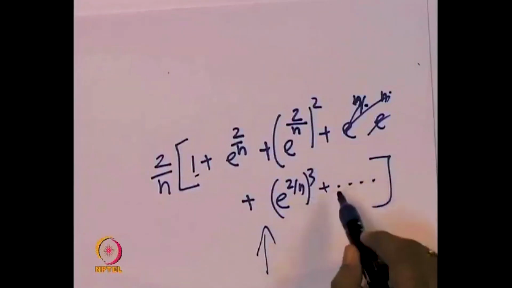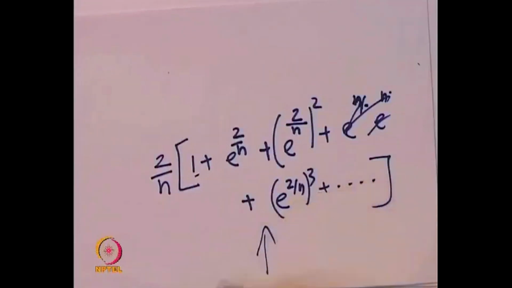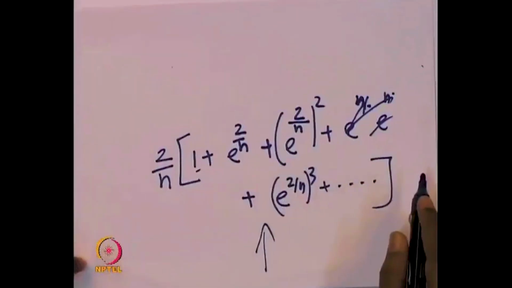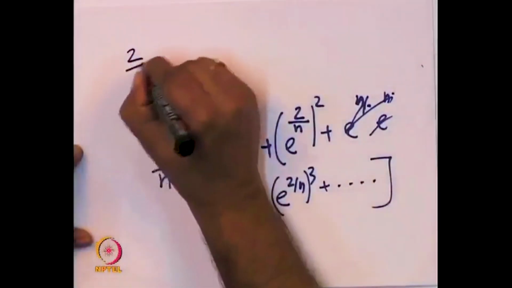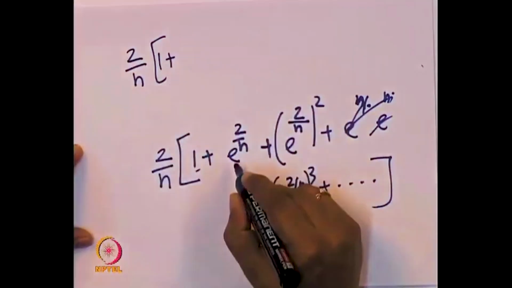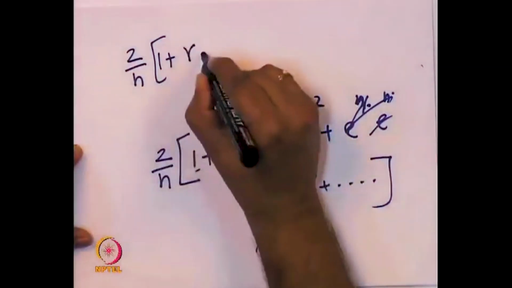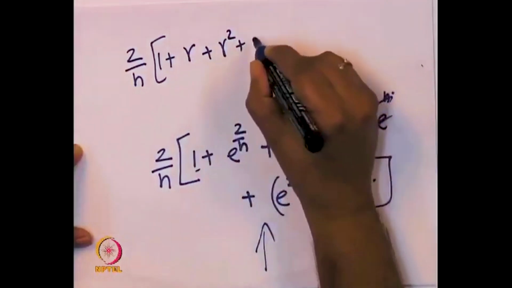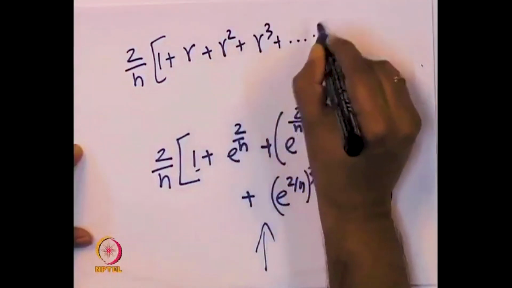This is something that you learned in school, called a geometric series. So, this is like 2 by n into 1 plus, let me call this r, plus r square plus r cube plus dot dot dot.